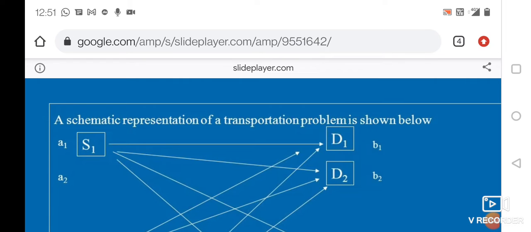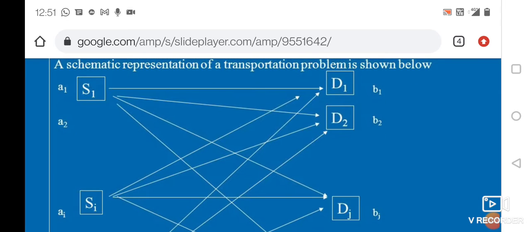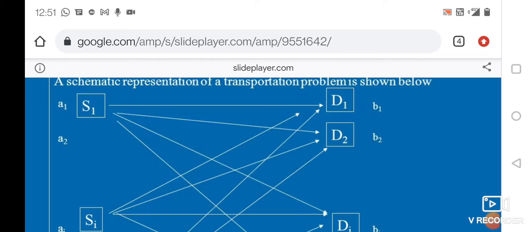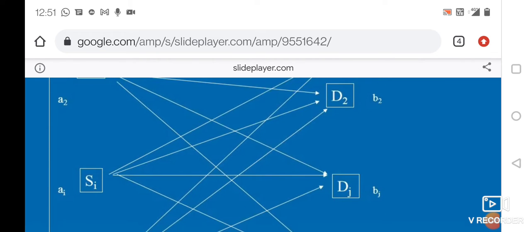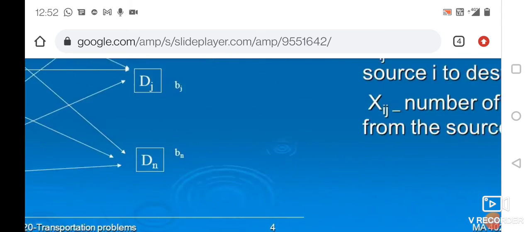These are the sources and destinations. The representation of a transportation problem is shown below. S1, S2, up to Sm are the sources, and the destinations are D1, D2, Dj up to Dn.